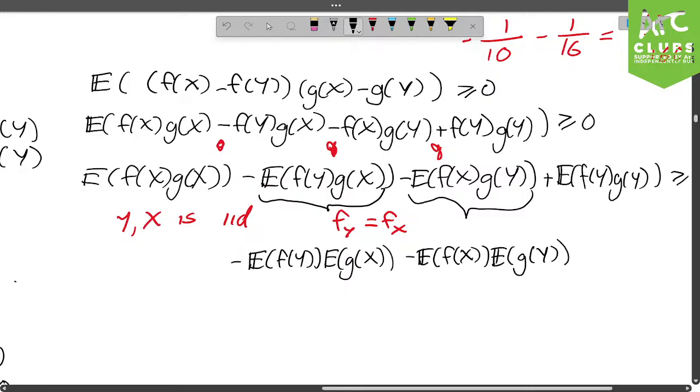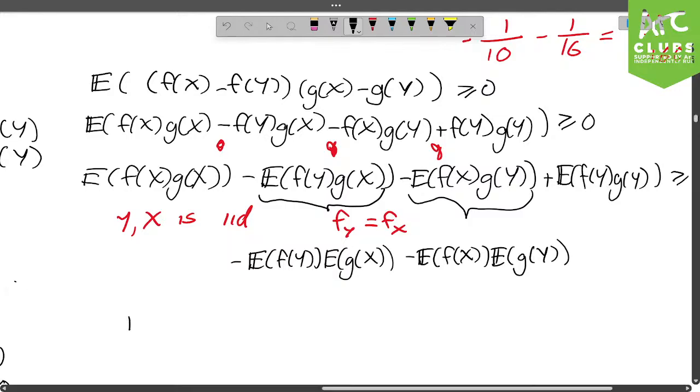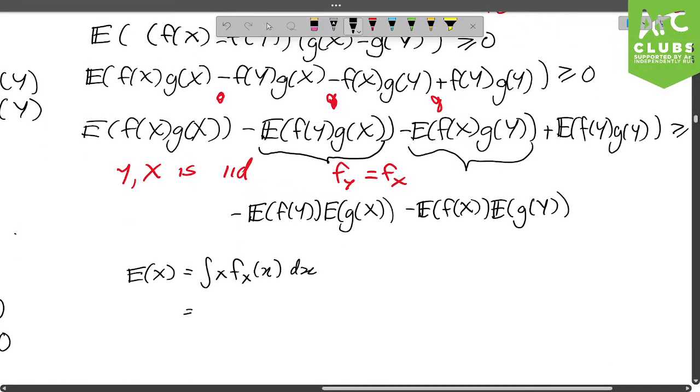So, what else can we do? Well, the definition of an expectation value is equal to the integral of x fx of x dx. I also know that fx is equal to fy, so I can write this as the integral of x fy of x dx.